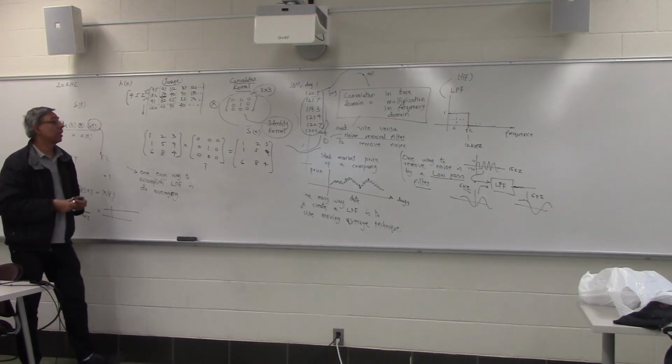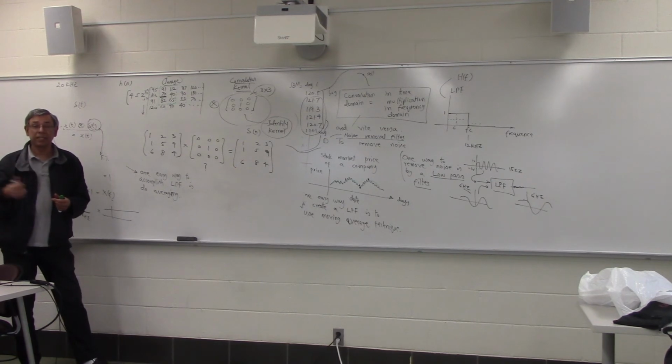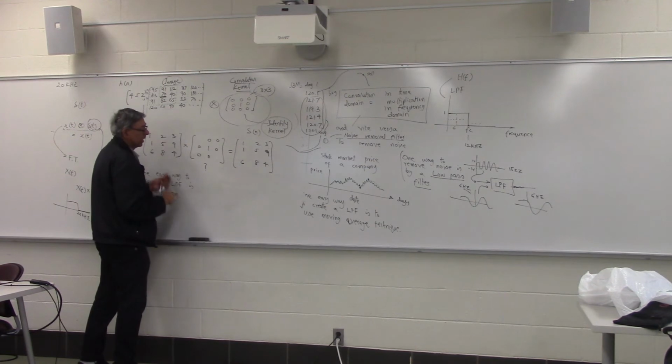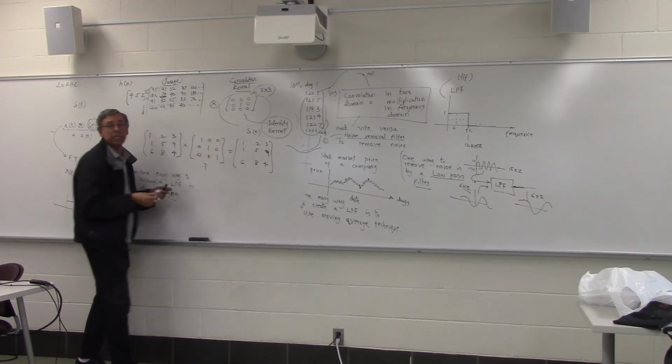Yes, so remember in the matrix world, what is the identity matrix? The diagonals are all ones. And you can easily verify it if you remember we do row by column multiplication, you'll get the original back.